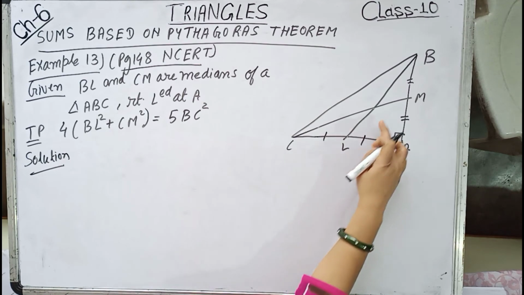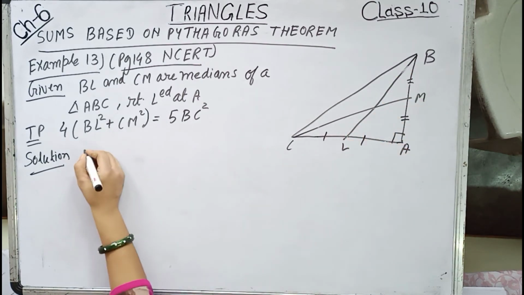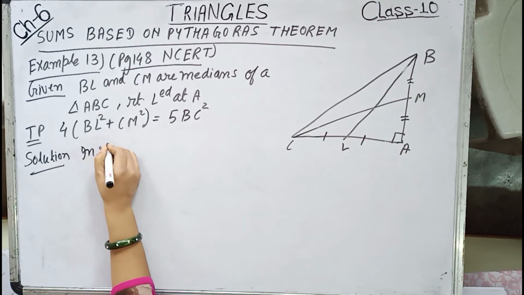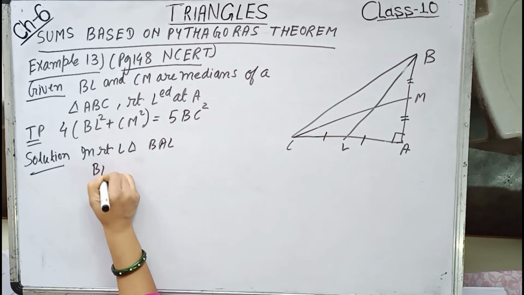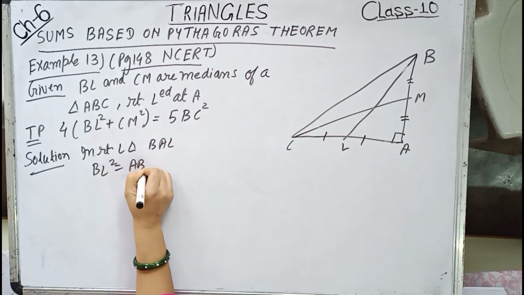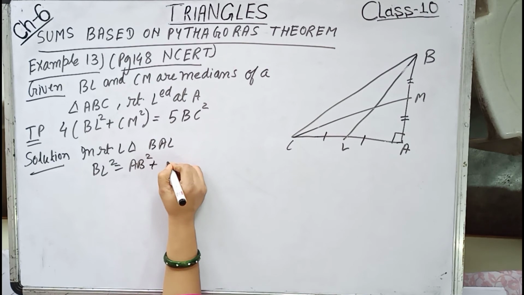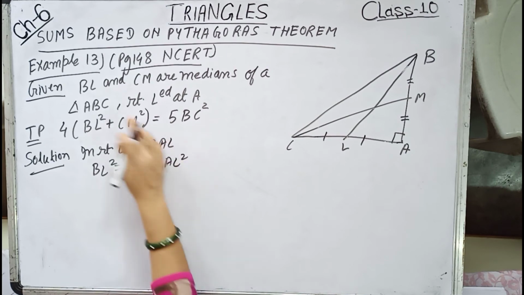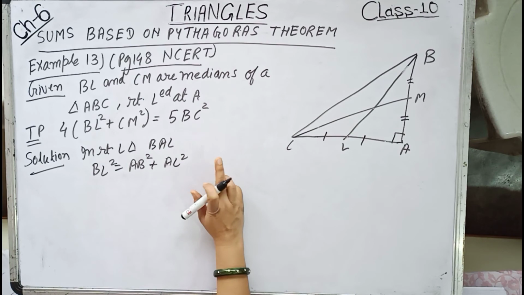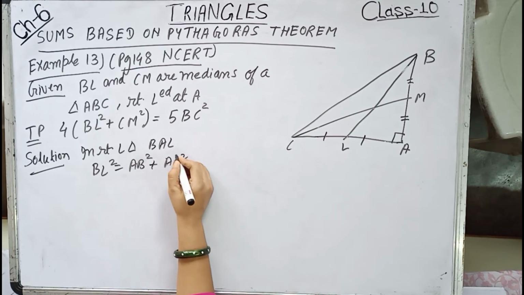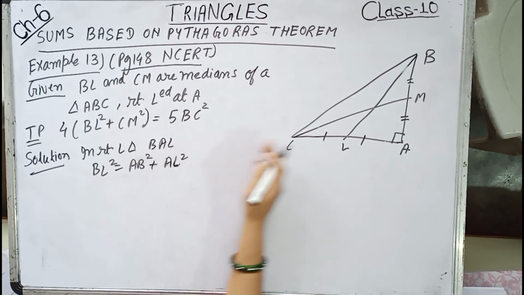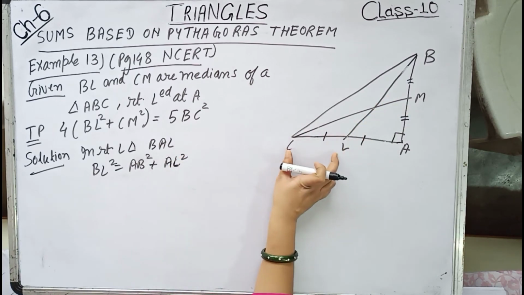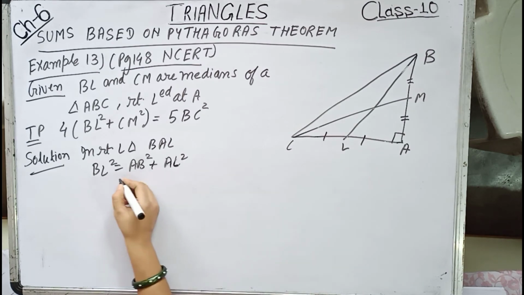BL square. In right angle triangle BAL, BL square equals AB square plus AL square. Now BL and CM are the medians, that concept we also have to use. Since BL is the median, AL equals CL equals AC by 2.